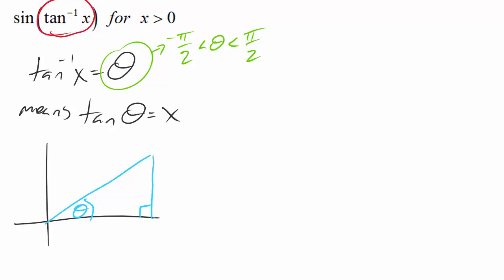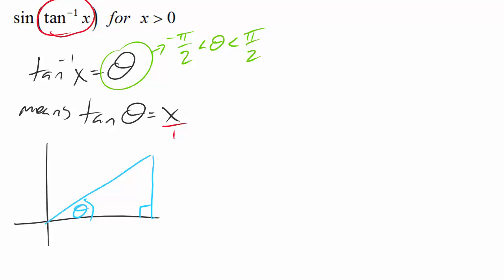Now here's where things can tend to get a little bit tricky. What we've got here for our tangent of theta is just x, which doesn't really help us. We're used to seeing it as a ratio of sides of the triangle, which is in fact what we have. It just is a slightly unconventional look. X can also be written as x over 1, thus giving us our ratio for the tangent of our angle theta.